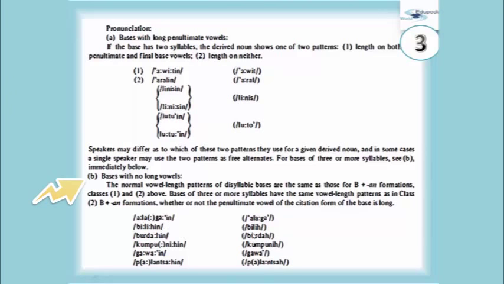Alagain, alaga. Bilihin, bili. Burdahin, burda. Kumpunihin, kumpuni. Gawain, gawa. Plansyahin, plansya. There is at least one irregular formation, alalahanin, something to worry about.